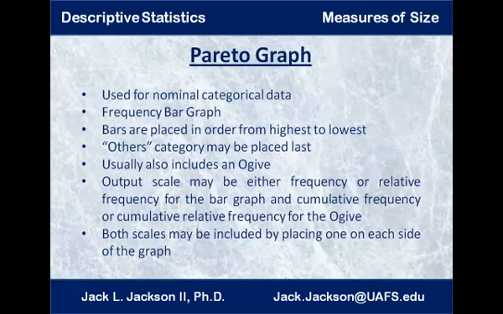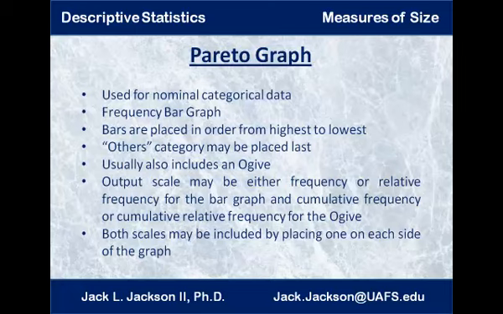You wouldn't want to do this with ordinal data because there's an inherent order in ordinal data. So you'd place the bars in the order that's there for ordinal data. But for categorical, nominal data, there is no order, and so we will place them in order from highest to lowest. So the bars will sort of stair-step down.